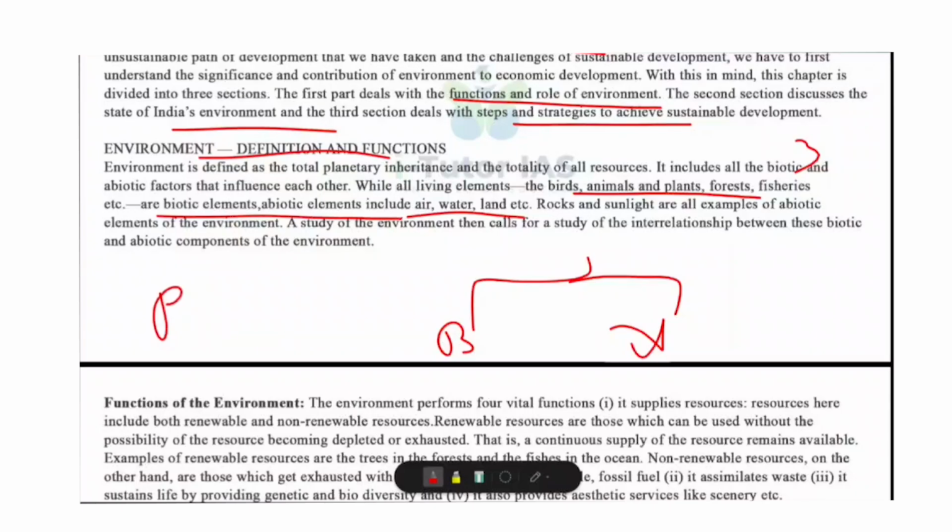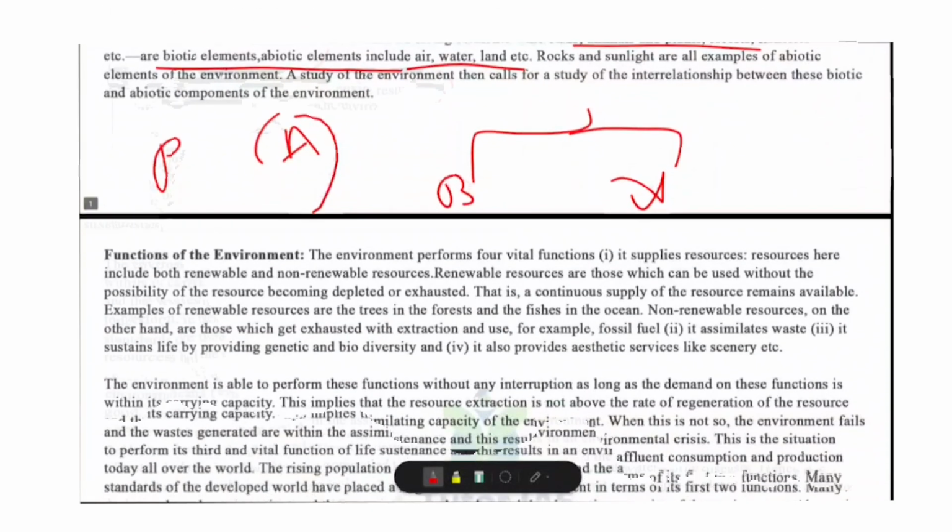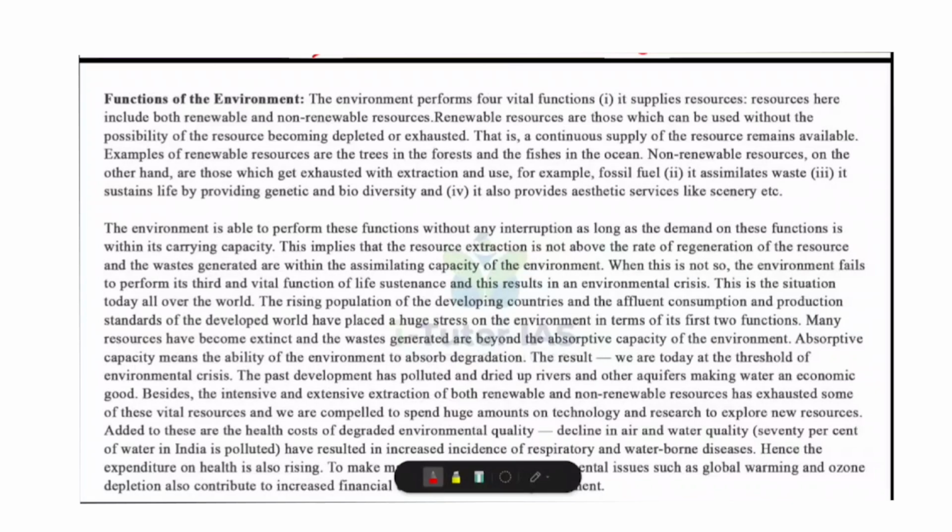They need sunlight, air and water, which are abiotic components. So when we study the environment, we are basically studying the relationship between living and non-living things that make up our planet.